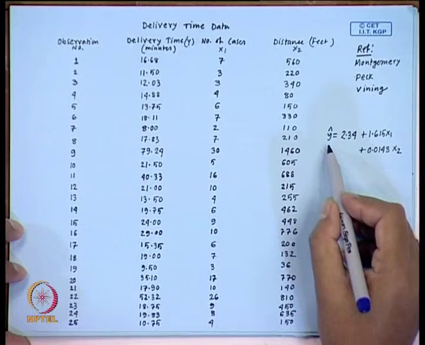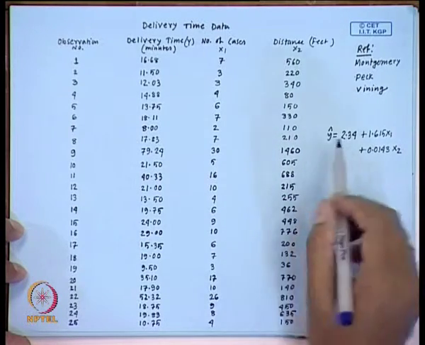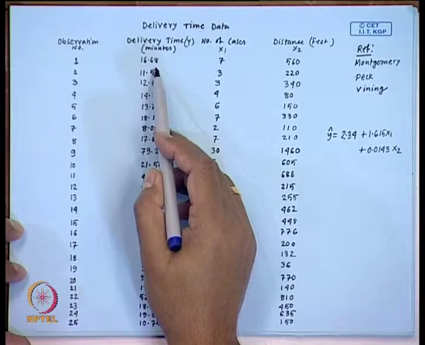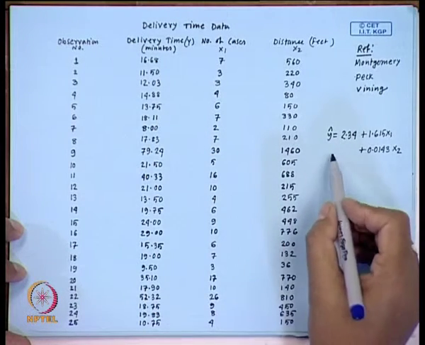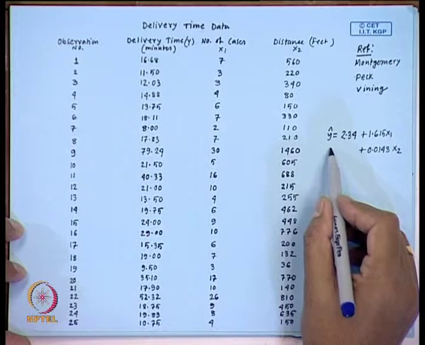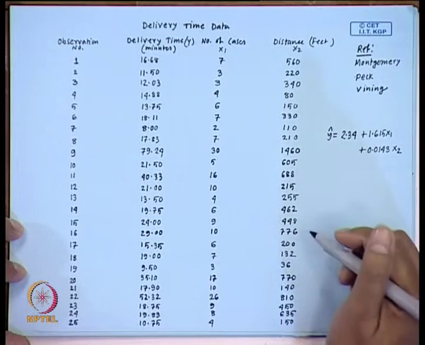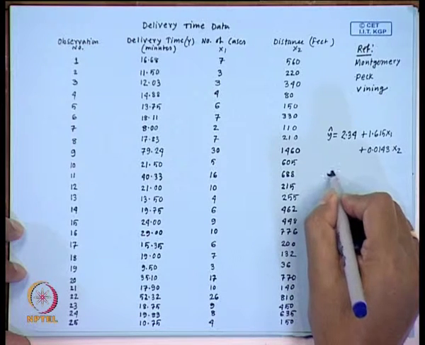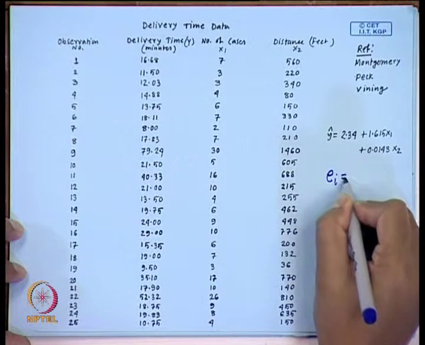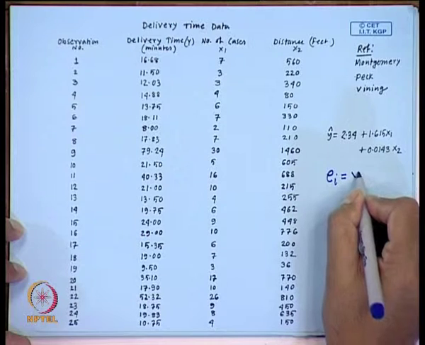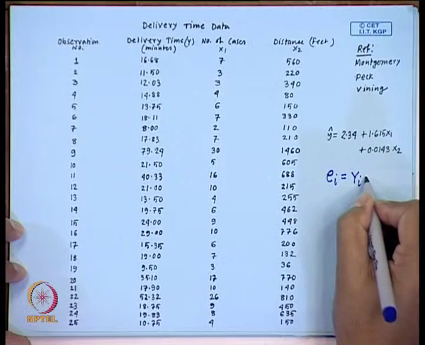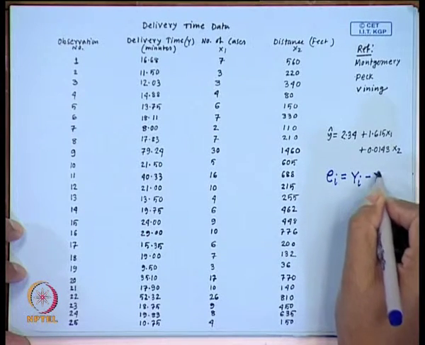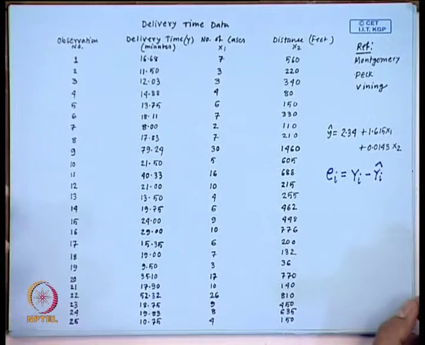Once you have the fitted model, you know the actual value of the response variable and the fitted value, then you can compute e_i, which is equal to y_i minus y_i hat.